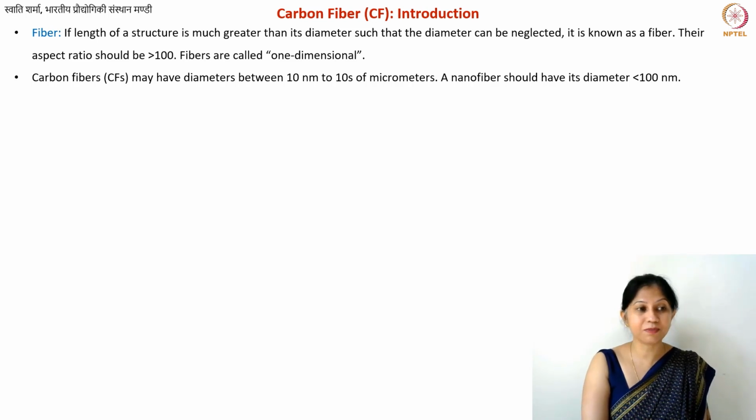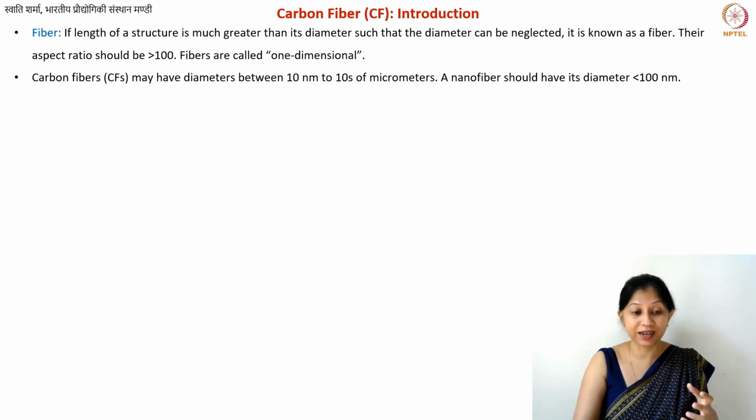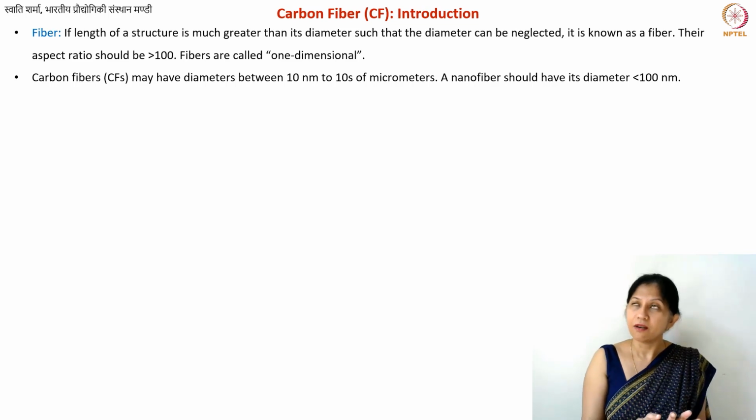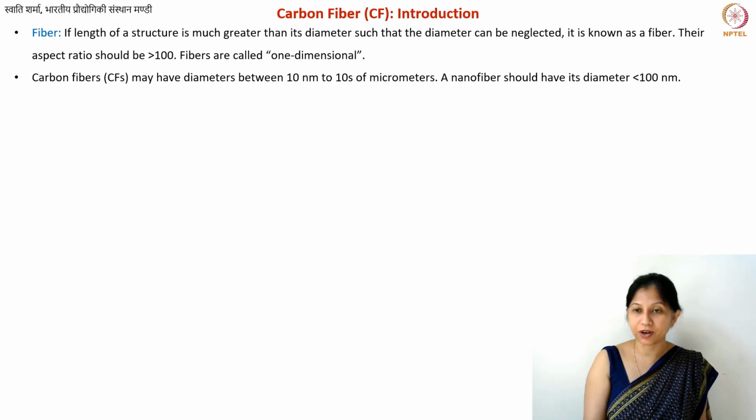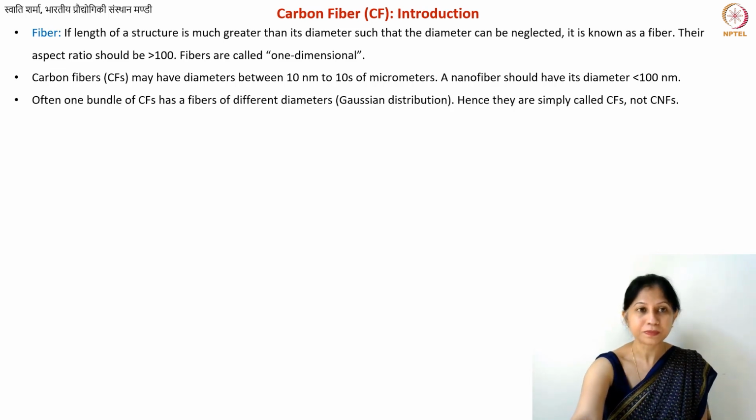So even certain polymers which, if you make large scale structures from them, might be non-graphitizing, in the case of carbon fibers it is easier for the defects to anneal out, and that is why there is always a possibility that you can get graphite out of polymers where you don't expect that. If you make other structures from those polymers, then you may not get the graphitizing carbon. And that is why the safest terminology is carbon fiber.